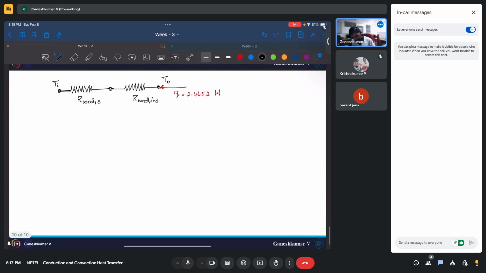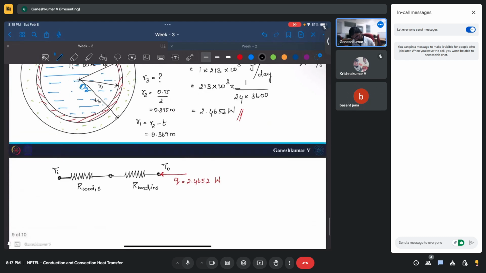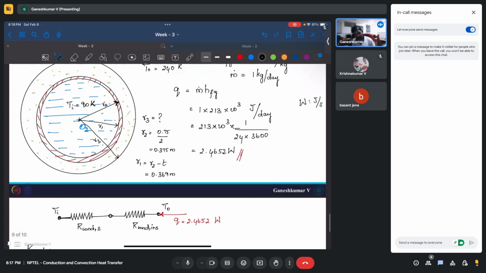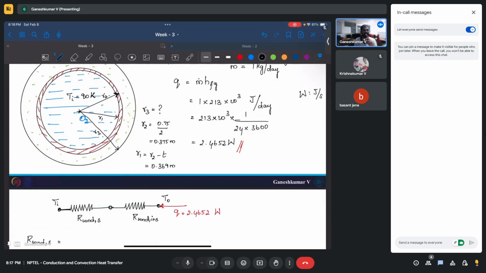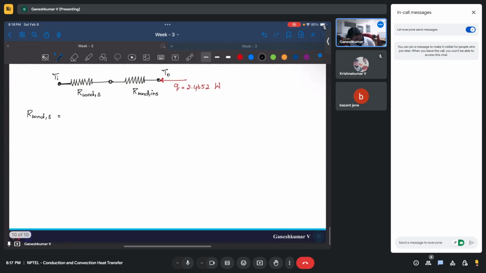Now, what I want to find is R3. The R conduction due to steel, that we know. Now it's a conductive resistance, but in spherical coordinates. If it is in spherical coordinates, how will the formula change? Resistance we already saw during the lectures. It is 1 by 4 pi k times (1 divided by R1 minus 1 divided by R2).